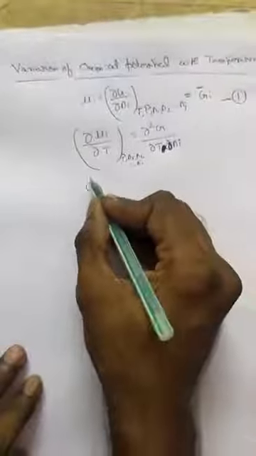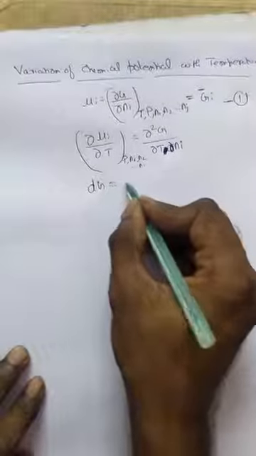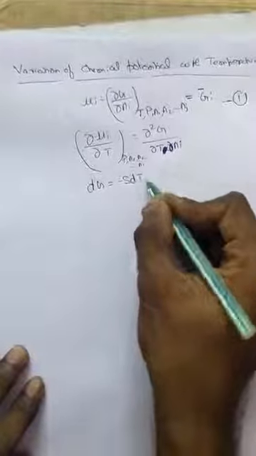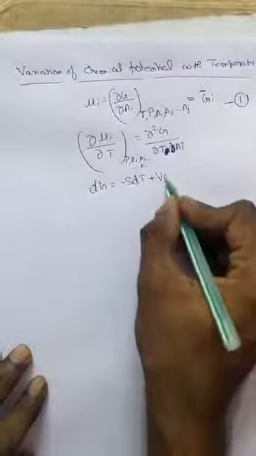We already know one equation we have seen in a separate video: dG is equal to minus SdT plus VdP.